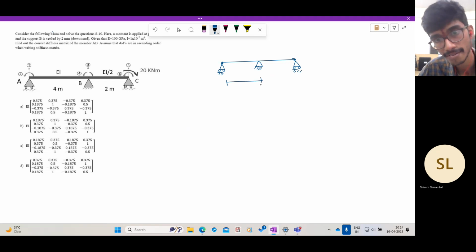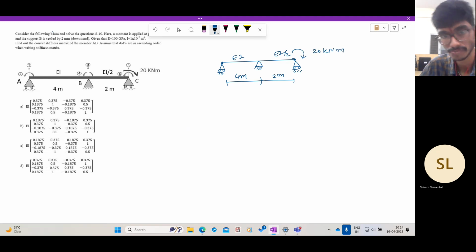This is 4 meters, this is 2 meters. It is not to scale. This is EI by 2, and this is EI, and you have an applied moment of 20 kilonewton meters.